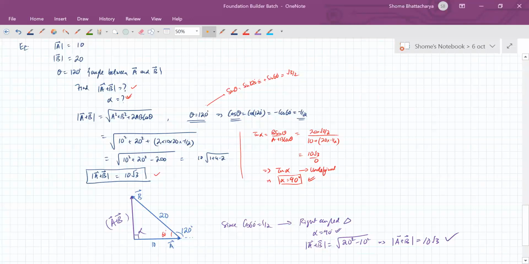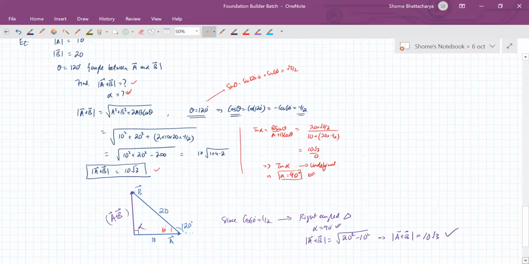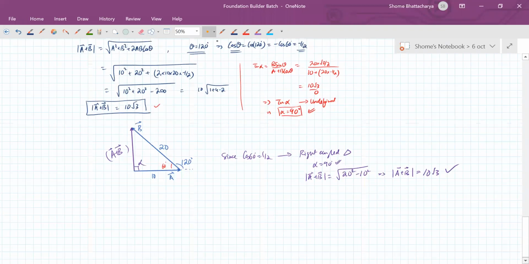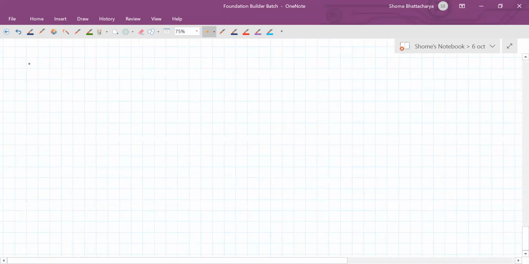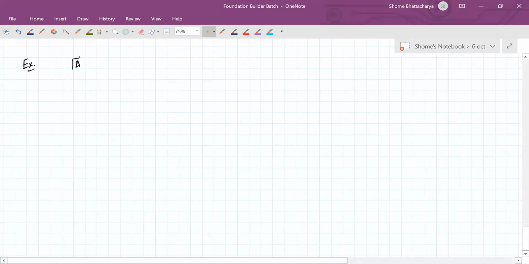Okay, so let's do another example of this. So this time magnitude of A is, let us say, 4. Magnitude of B is 20, and the angle between them is 143 degrees. Okay.